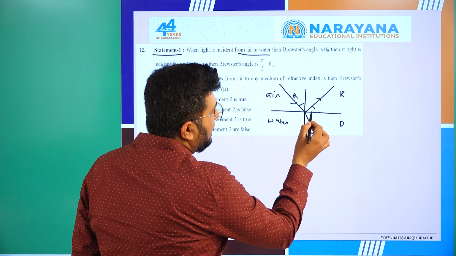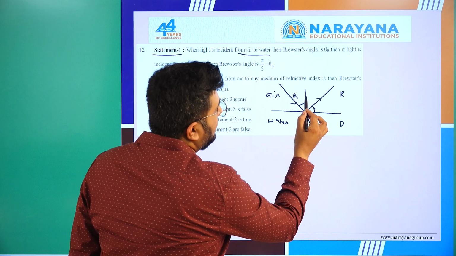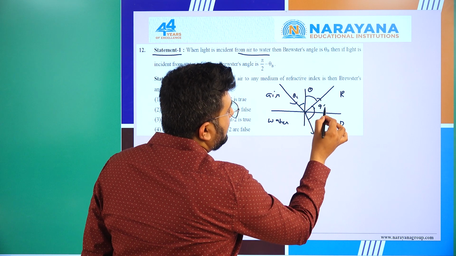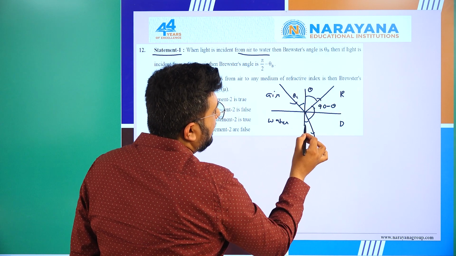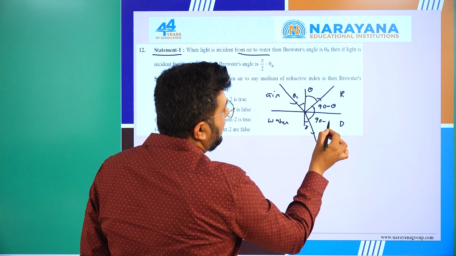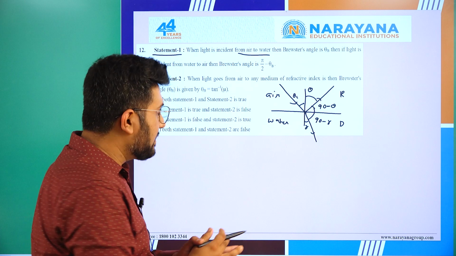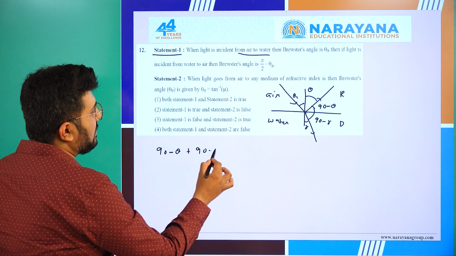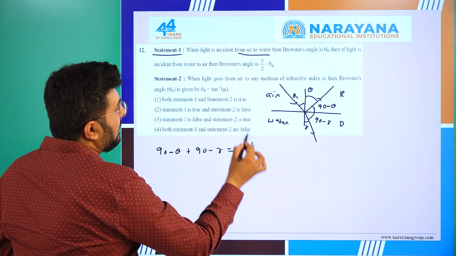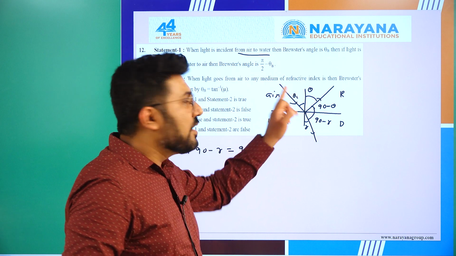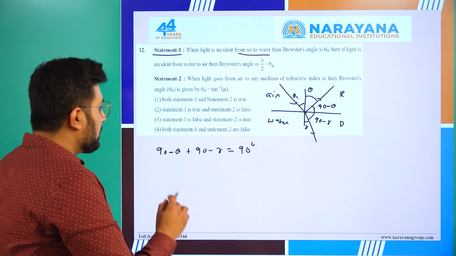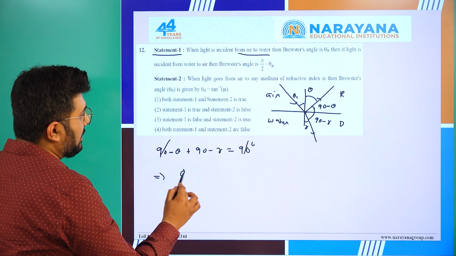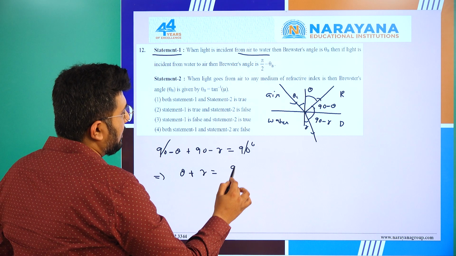If this angle is theta, then this angle is 90 minus theta, this angle is r, then this angle is 90 minus r. Theta is the angle of incidence. So 90 minus theta plus 90 minus r should be 90 degrees. In that case only this angle theta will be the Brewster's angle. So from here, 90 cancelled, theta plus r equals 90 degrees.